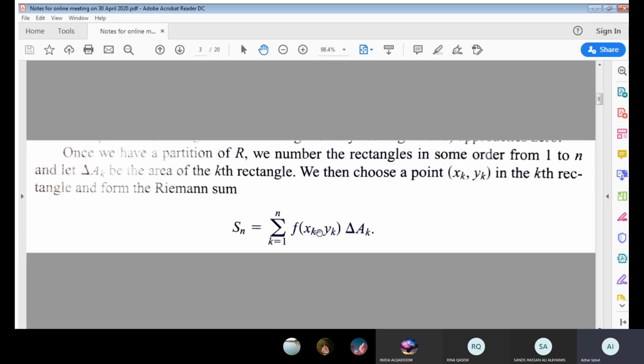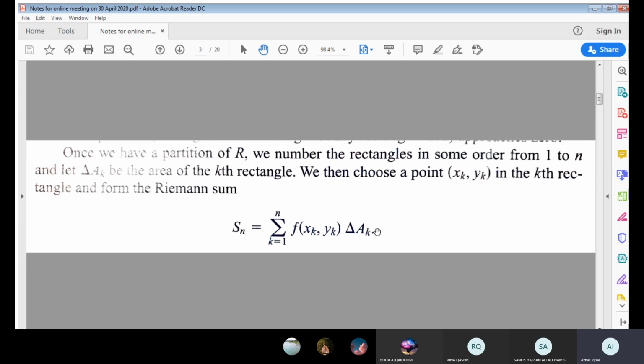You add such products for all the small rectangles, because you have numbered these rectangles by the subscript k. This is a finite sum when n is finite, and after that we apply the limit as n goes to infinity. So this is the Riemann sum we are looking into.